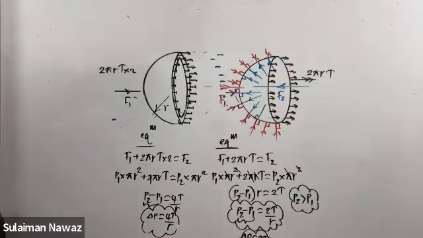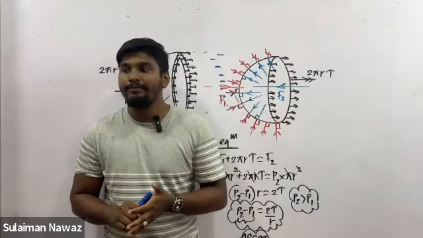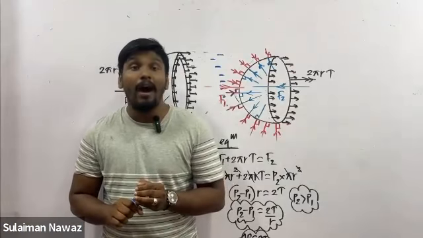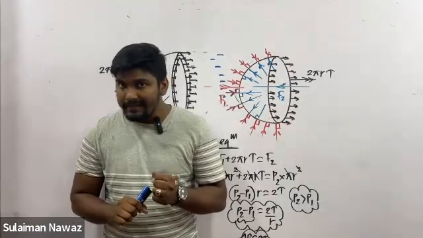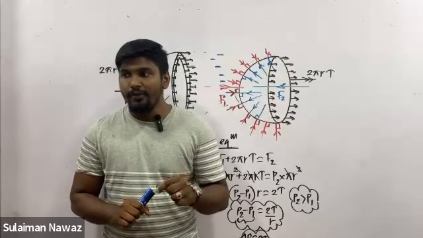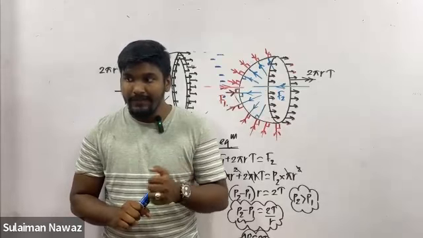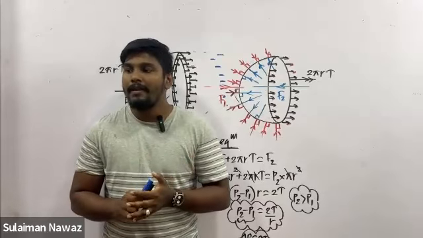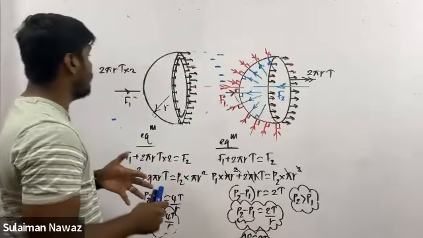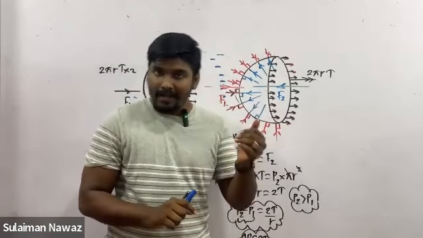The force acted upon the curved surface of half of the bubble by the external pressure P1 equals pi r squared into P1.